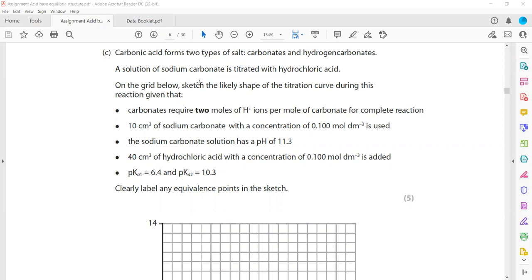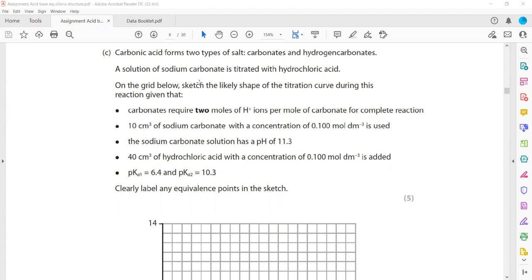The carbonate requires 2 moles of hydrogen ion per molecule for a complete reaction, and 10 cm³ of sodium carbonate with a concentration of 0.1 is used. The sodium carbonate solution has a pH of 11.3, and 40 cm³ of hydrochloric acid of concentration 0.1 mol per dm³ is added.